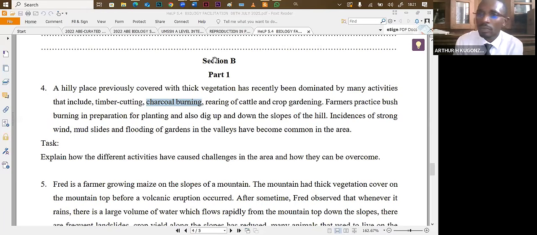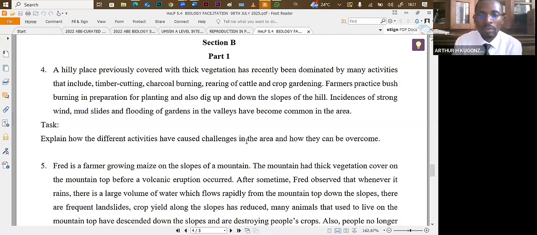My question is from section B, part 1, item 4. If you're asked to explain only the challenges and you are not asked to explain the ways to overcome those challenges, is it necessary for me to state how they can be overcome?